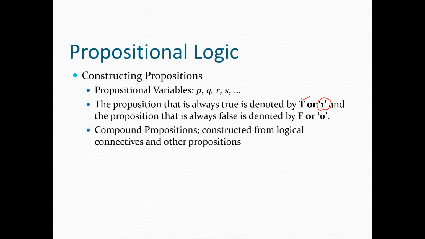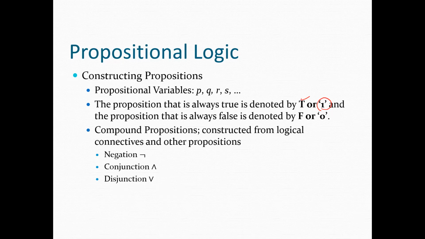Compound propositions are the propositions which are constructed from logical connectives and other propositions. So what are the logical connectives? The first connective is called negation, and this is the one which we can apply on only one proposition. Conjunction, for this we need at least two propositions to apply on.